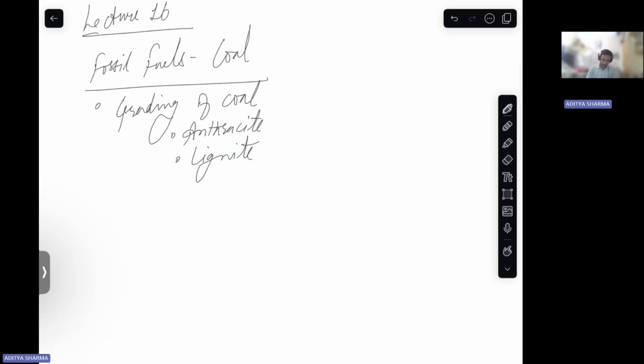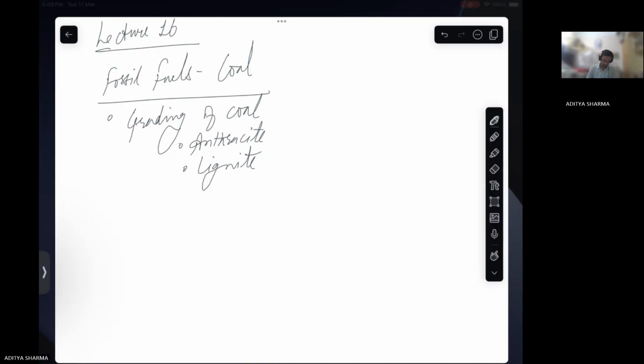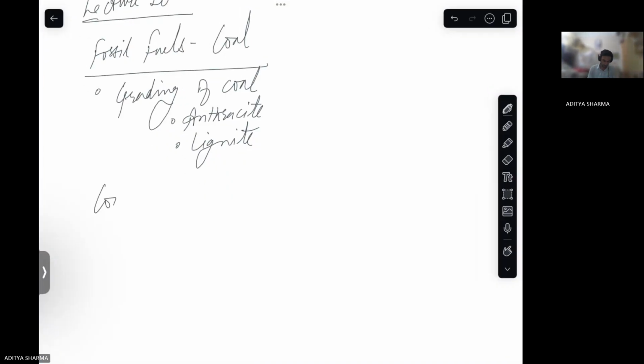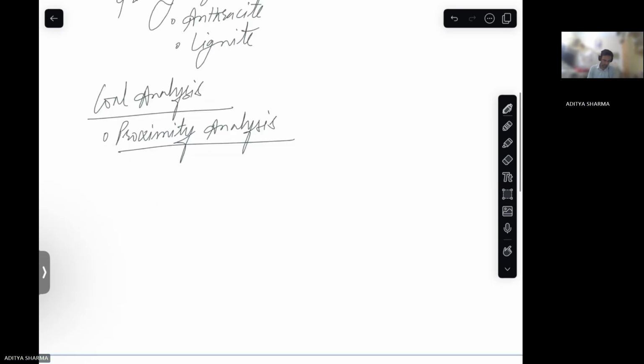Then your second topic is coal analysis. There is one analysis, that is proximate analysis.